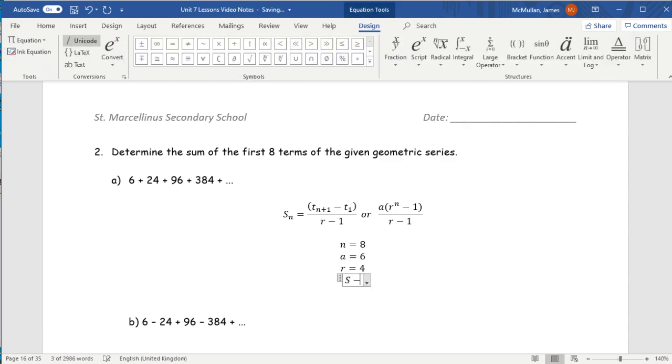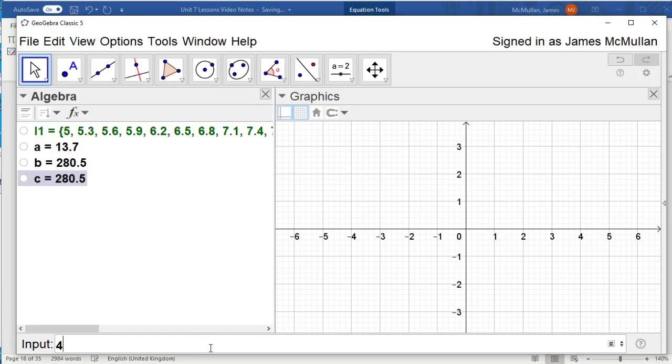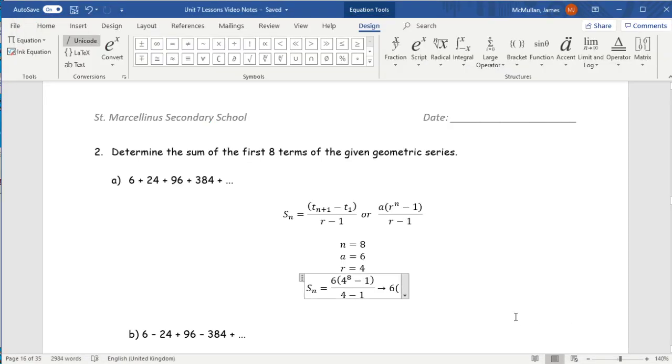So the sum formula says we should take a, the first number, 6. Then we do 4 to the power of 8 minus 1, divided by 4 minus 1. So it's 6 times 4 to the power of 8. Sorry, I don't know that off the top of my head. 4 to the power of 8 is 65536, minus 1, divided by 3.